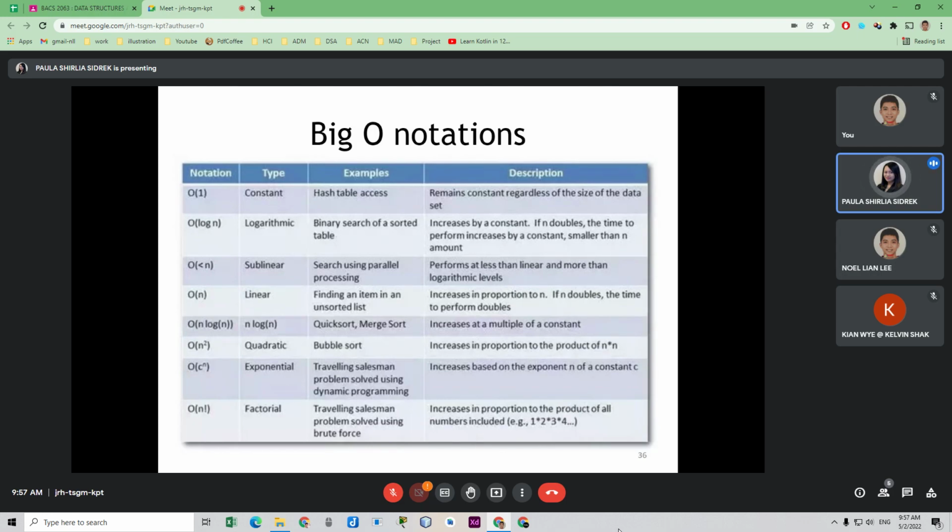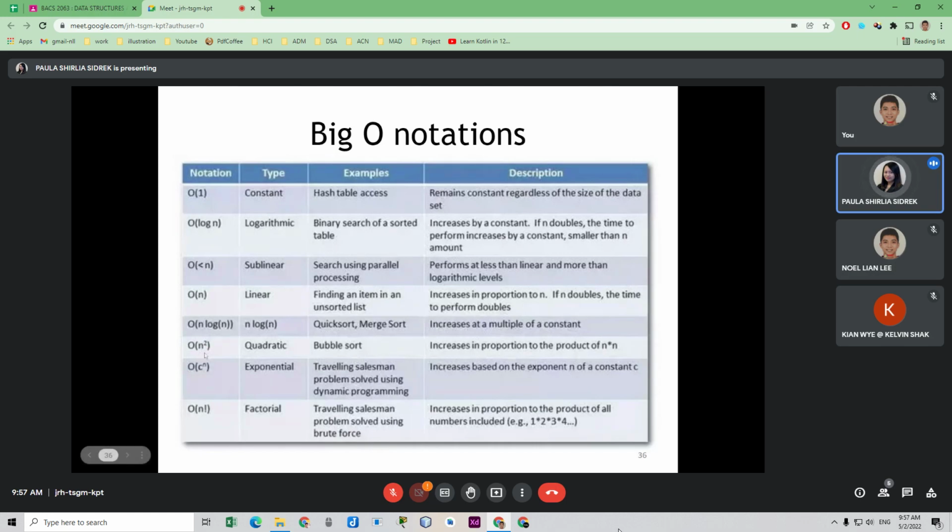Everything is basically using a different notation to calculate the operations inside your code. So that's why it says here, examples are such that this basically represents this particular situation.